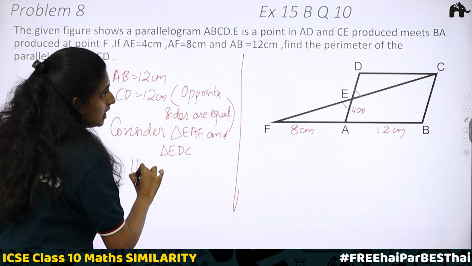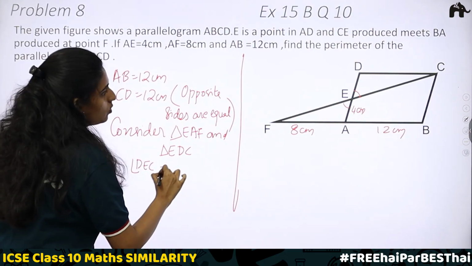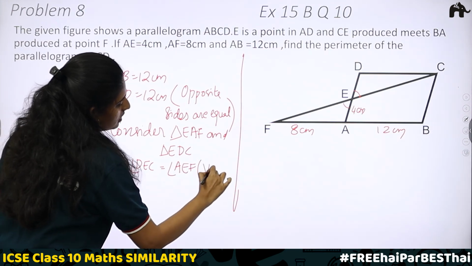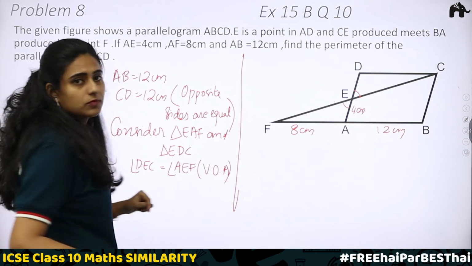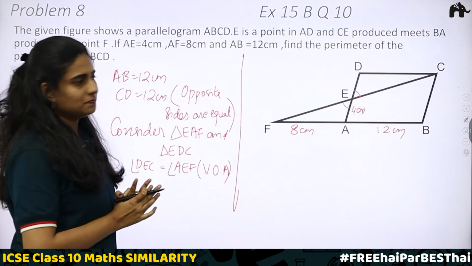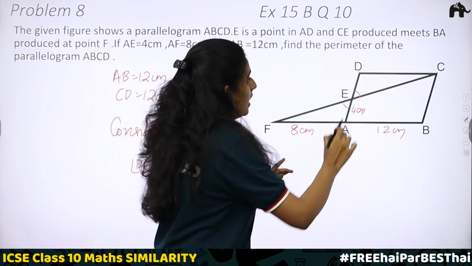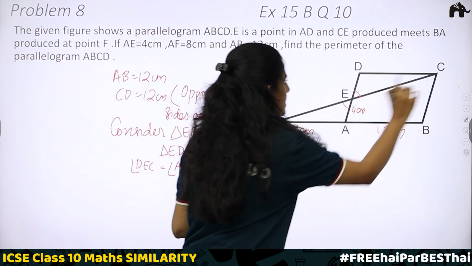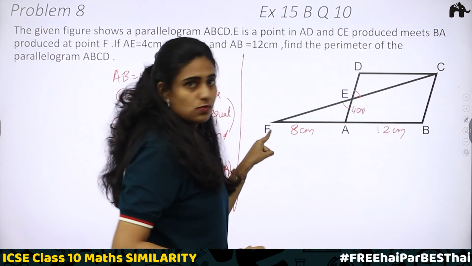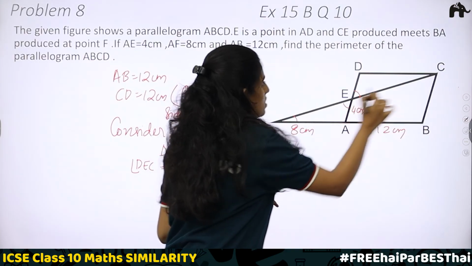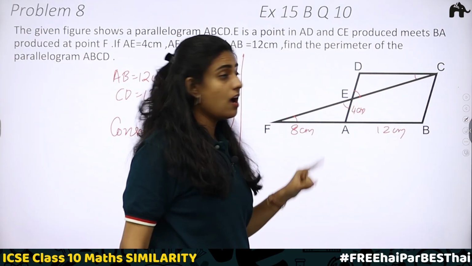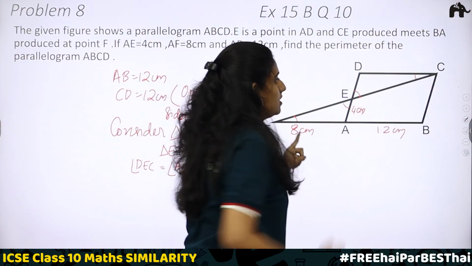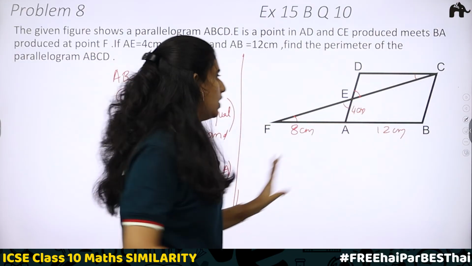Angle DEC is equal to angle AEF. They are vertically opposite angles. Any other angle? We have AB parallel to CD. Then CF is a transversal. So these two angles will be alternate interior angles. Since these are alternate interior angles, they will be equal.